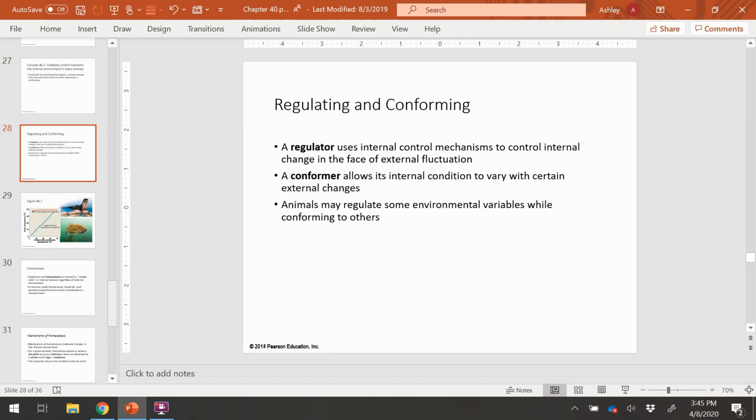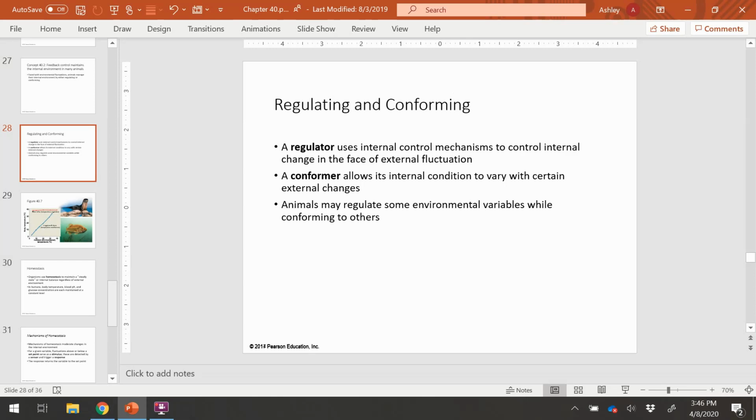And so if their external environment, say temperature, goes really, really hot, a regulator is going to keep their internal temperature normal, whereas a conformer is going to change the same way the external environment changes.